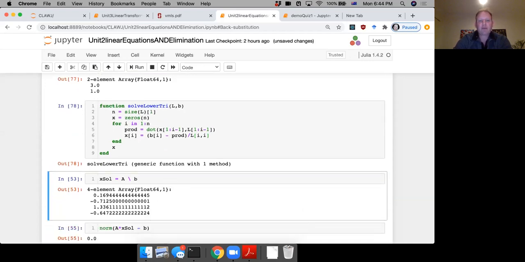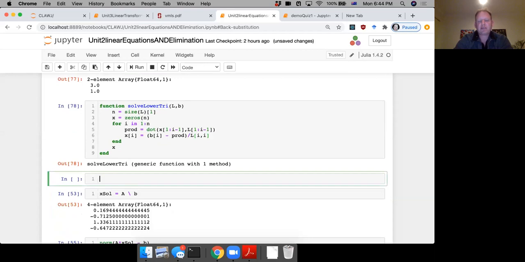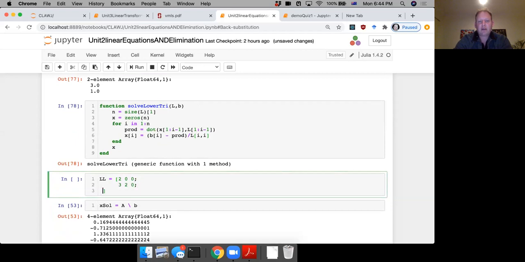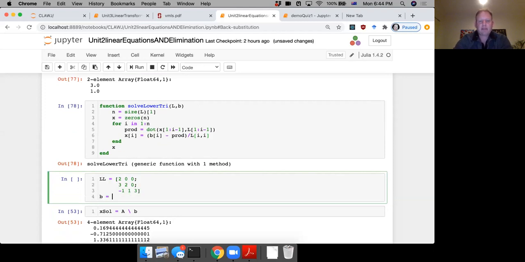To see that this works, let's just invent something. Let's call the matrix LL, a 3 by 3 this time: 2, 0, 0; 3, 1, 2, 0; 1, 1, 3. And let's call B just a vector 1, 1, 2, for example.